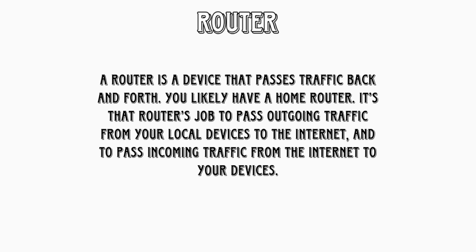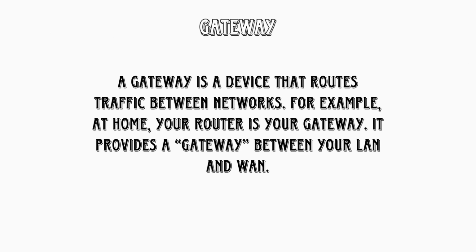Router. A router is a device that passes traffic back and forth. You likely have a home router. It's that router's job to pass outgoing traffic from your local devices to the internet, and to pass incoming traffic from the internet to your devices. Gateway. A gateway is a device that routes traffic between networks. For example, at home, your router is your gateway.